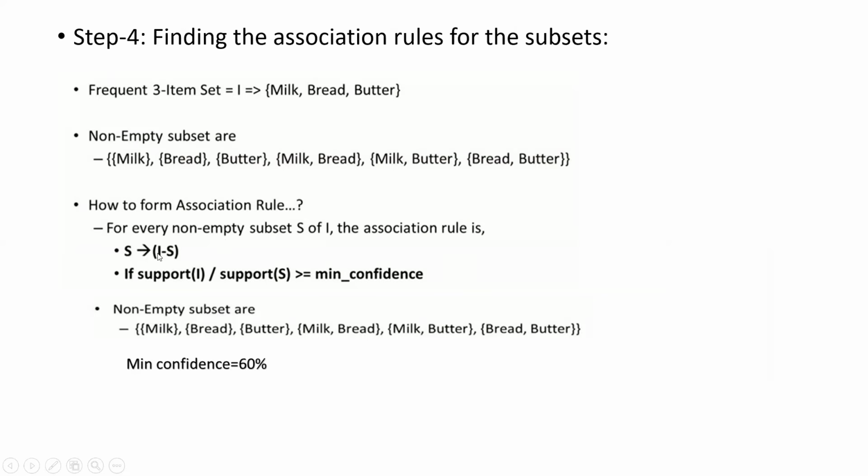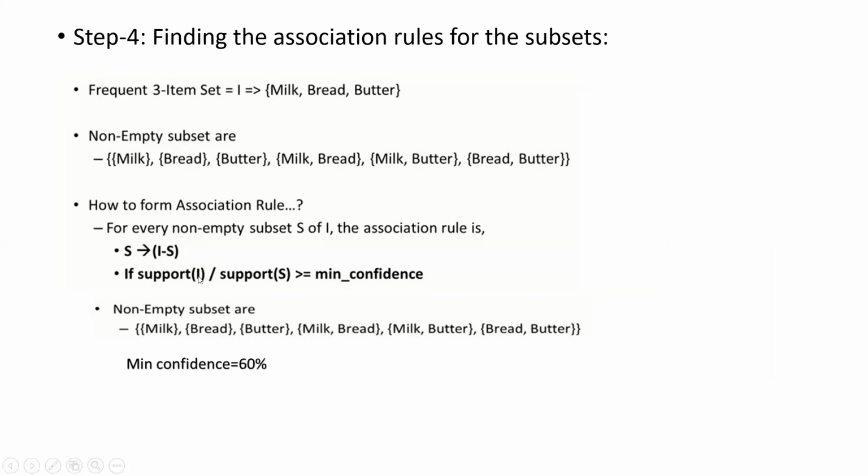Milk tends to, from this I removing S, you will get bread and butter. So milk to bread and butter. Second combination, bread to milk and butter. Next, butter to milk and bread. Then we'll go for the 2 combinations, milk bread to butter. Like this we will find out.